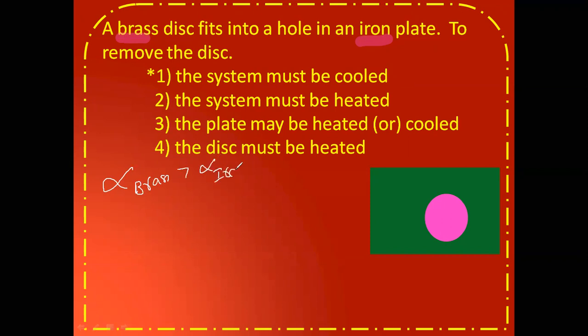I already gave the sequence: aluminum, brass, iron, steel, invar steel. It is the decreasing order of alpha.